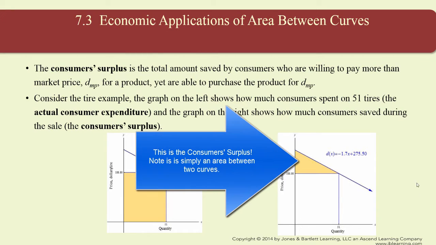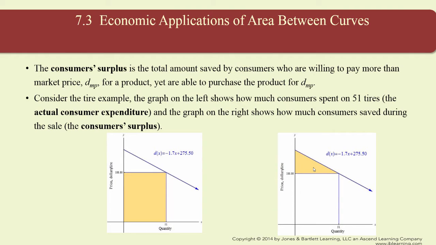And I can't stress enough this shaded region right here, the region that is between the demand function and price, the region that is between demand and price, that region is consumer surplus. And as you can clearly see, this region that's representing consumer surplus is an area between two curves. It's between the demand curve and the line or the curve given by market price.